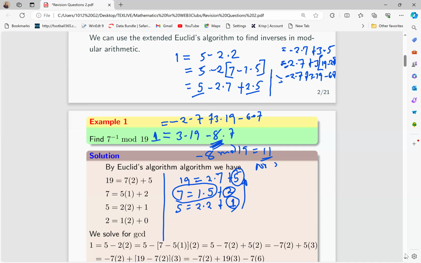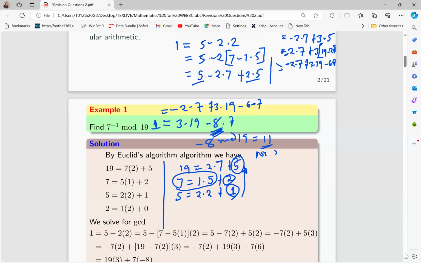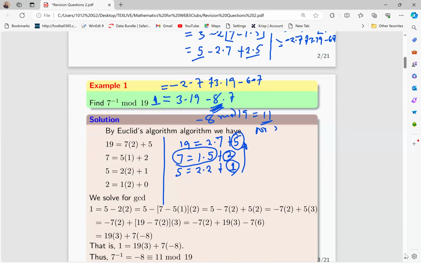Is it the same as 11? Are we together? Okay.